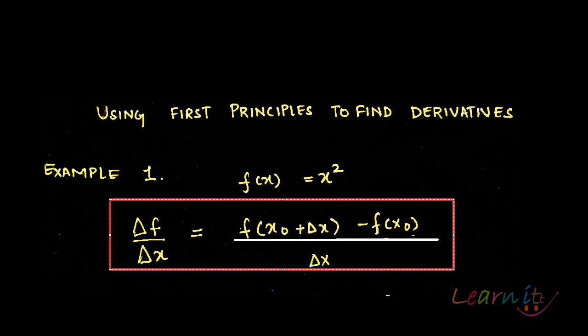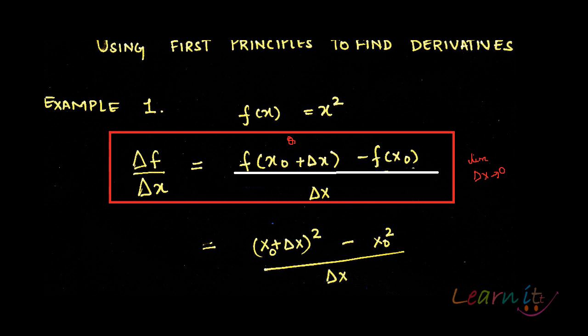Basically, we are looking at the function at a new point, x naught plus change in x, and the previous point x naught, upon the change in x. So that's my difference quotient, and the derivative, as we have learned previously, is essentially the difference quotient as the limit of change in x goes to 0. The change in x becomes very minute, as 0.